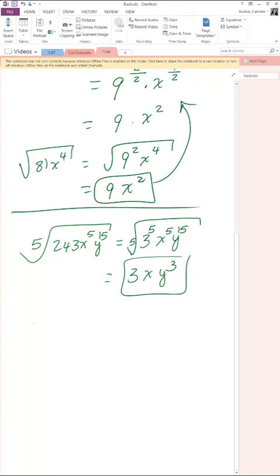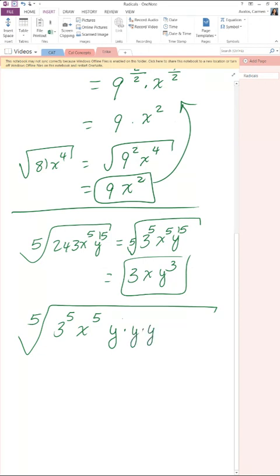But if you're going to do it the long way, you have 3 to the 5th, x to the 5th, and then y times y times y, each with 5. Remember, when we're multiplying the same base, the exponents get added. So 5 plus 5 plus 5 is 15.